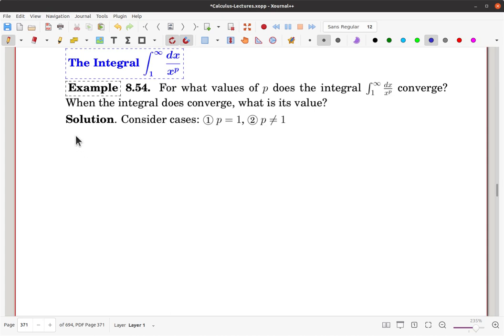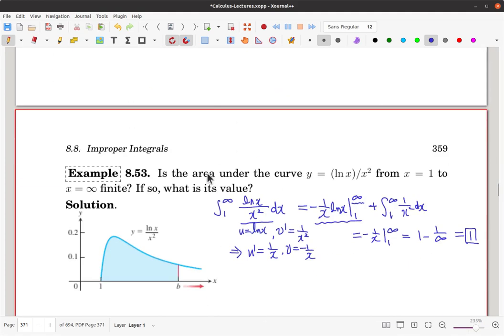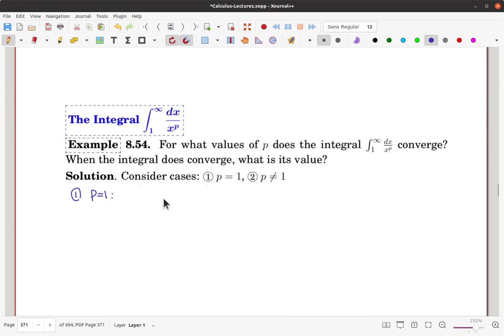Okay, number one, when p is 1, then the integrand is 1 over x. And already we know that this is divergent. Earlier we solved that, but we'll do it again here. So the given integral becomes from 1 to infinity 1 over x dx. Now for that one, there is a logarithm x.